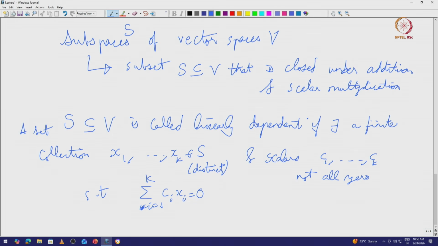So that's what linearly dependent means.